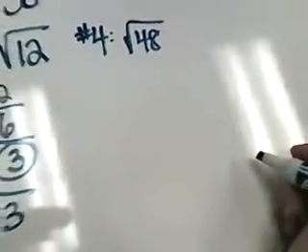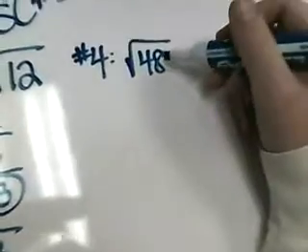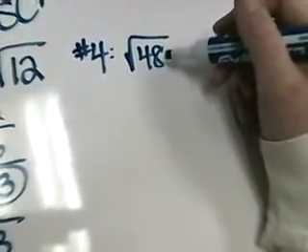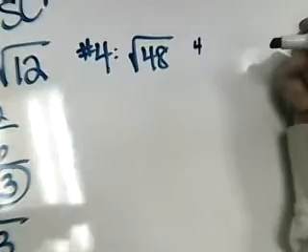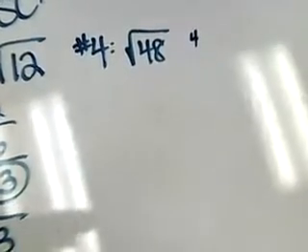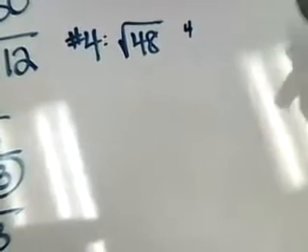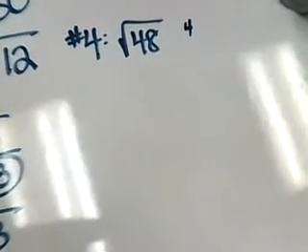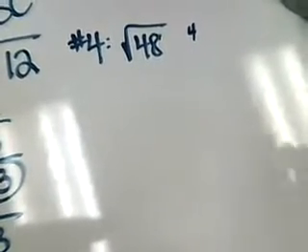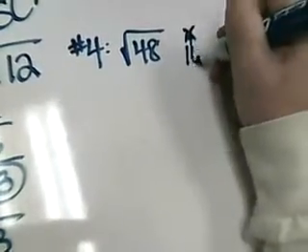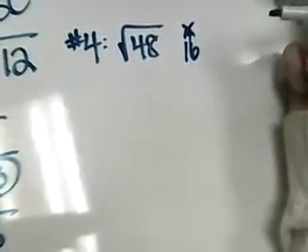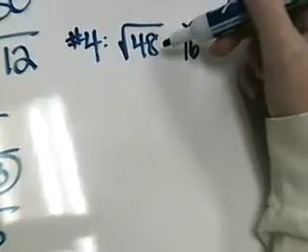Let's practice perfect square method. 4. Yeah, I could take 48 divided by 4. He works. 9. 48 divided by 9. No, that won't work. 16. 48 divided by 16. Yeah, that could work, so that beats him out. 25. No, 48 divided by 25.